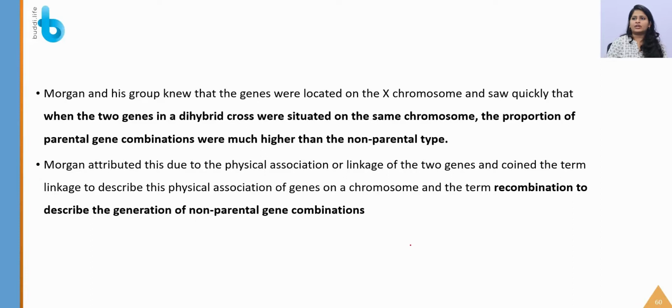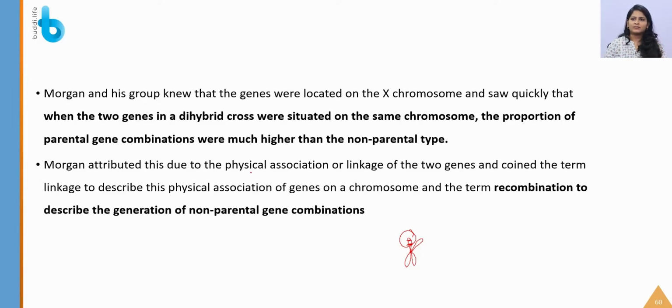What they are concluding here is, for example, if this is a chromosome, and two genes are located very close to each other on a single chromosome, what is expected? The segregation of these characters will not occur. They will be inherited together for generations. Segregation may occur but it is very rare.